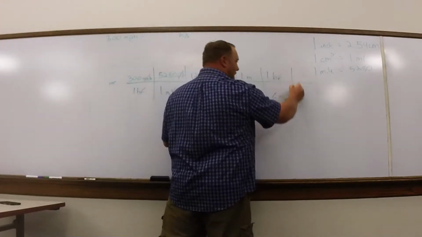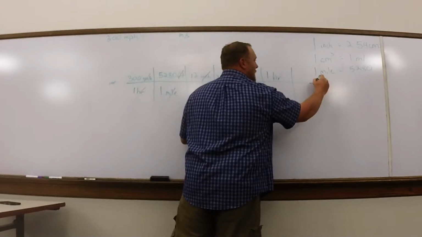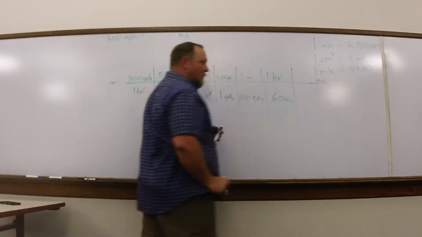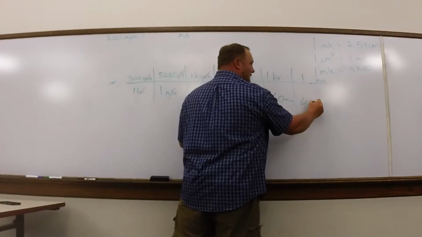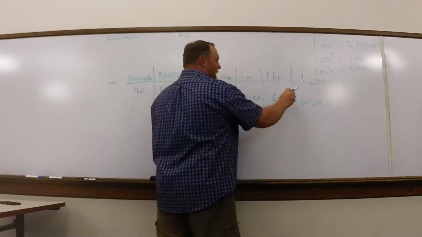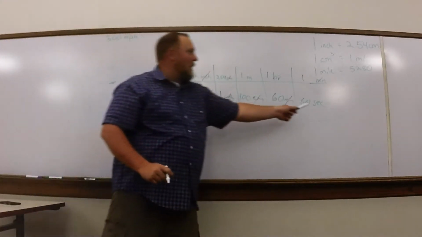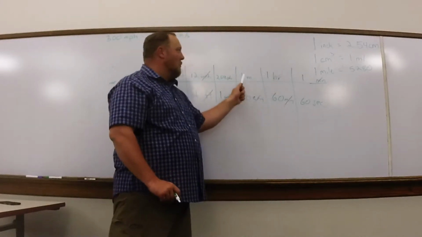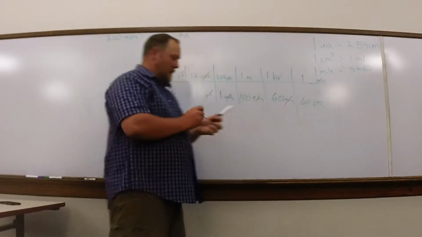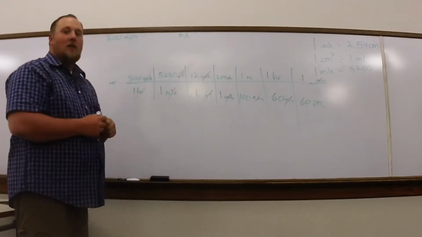Okay? One more box. We need to get rid of that minutes. So we put minute here. We know that for every 1 minute is 60 seconds. We can cancel out our minutes. The only thing we're left with on the bottom is seconds. The only thing on top is meters. So meters per second.